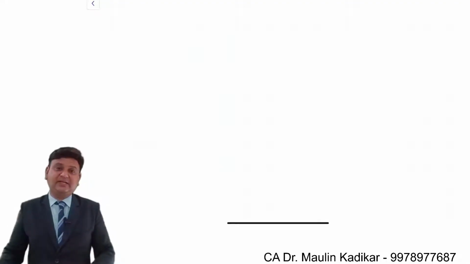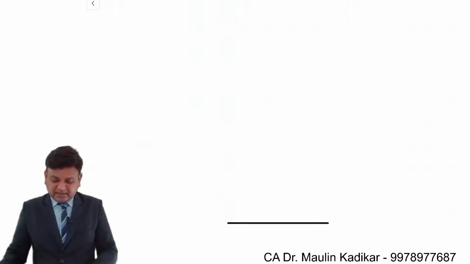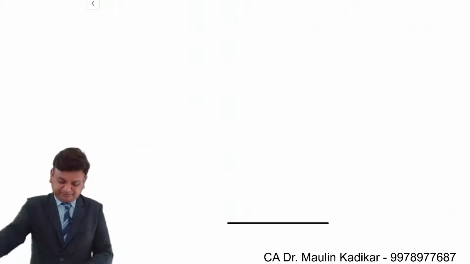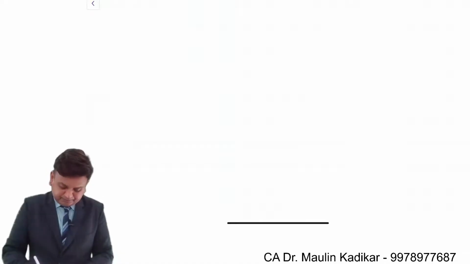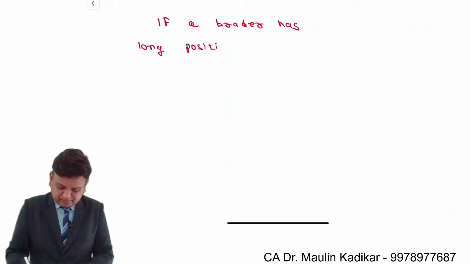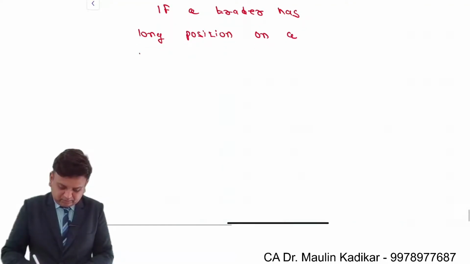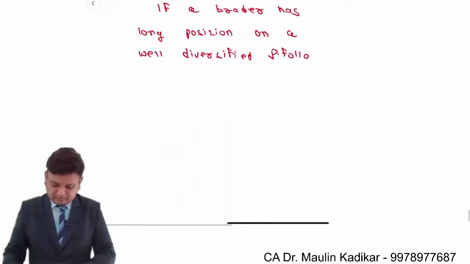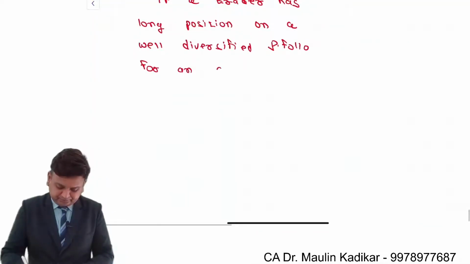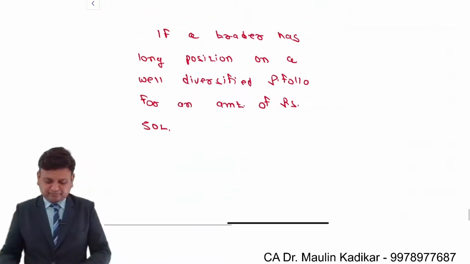Over here now we are going to have understanding of the concept of the stock index futures transaction which was introduced. Now let us think about a situation like this. If a trader has a long position on a well diversified portfolio for an amount of rupees 50 lakhs.